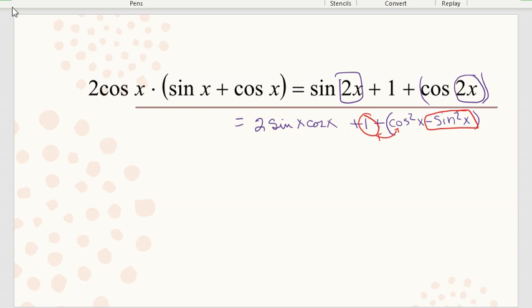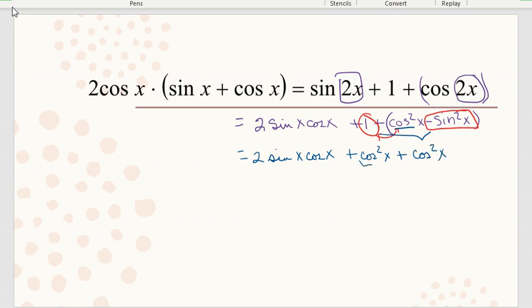All right, so what that's going to leave me is 2 sine x cosine x plus this cosine first, cosine squared x, and then what comes together from this is plus another cosine squared x.